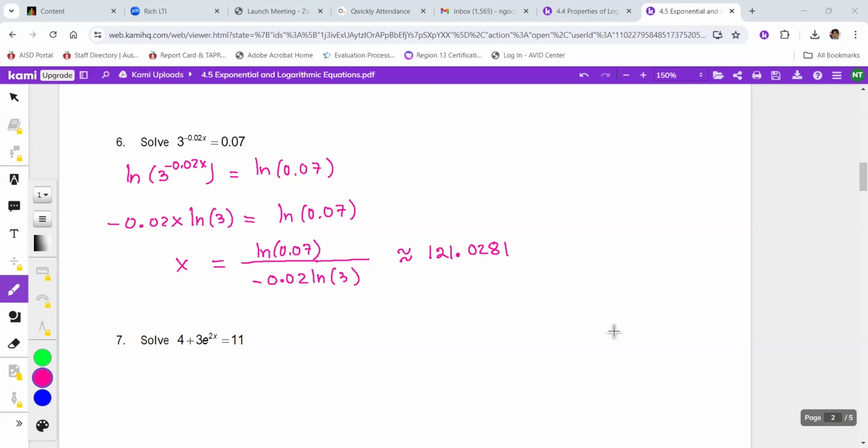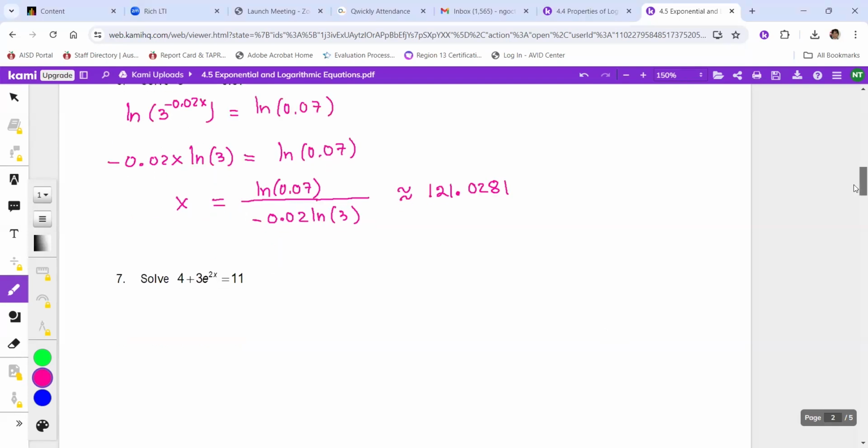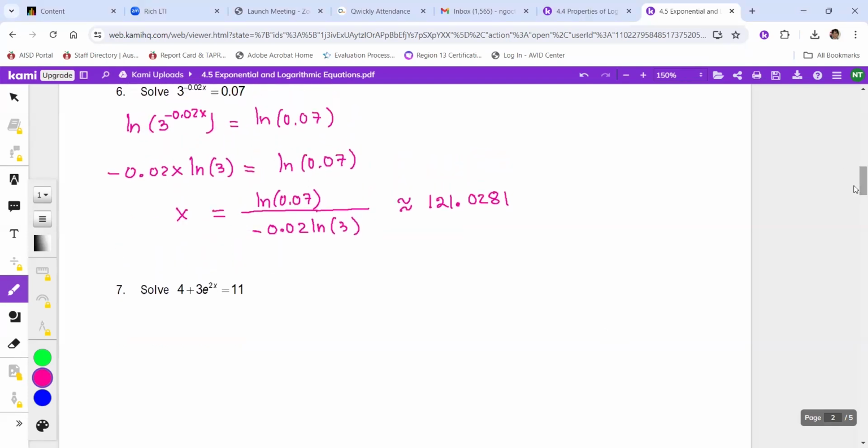Okay, let's look at the next exercise, number 7. As you can see right here, compared with the previous 2 exercises, we just cannot go and take log right away. First of all, we cannot use the method of equating exponents, because both sides don't have the same base.